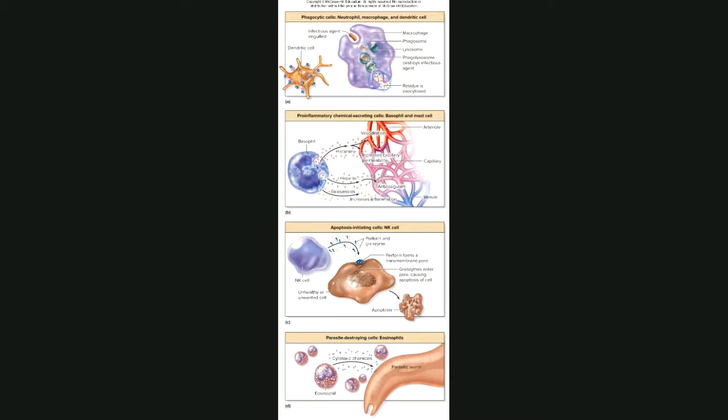We have some cells that are going to serve in the pro-inflammatory response, or inflammation response. So there are pro-inflammatory secreting cells, basophils and mast cells. Okay, they release histamine. And again, histamine is a vasodilator.